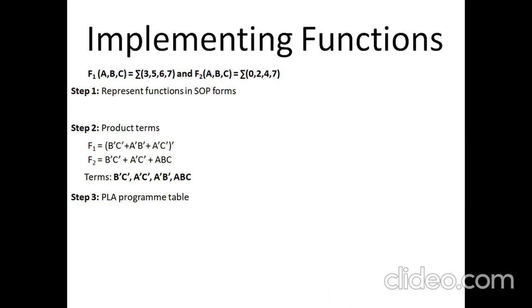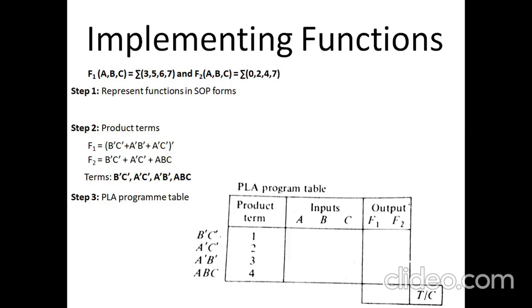Okay, so next we create the program table for these product terms. Here is the program table for these product terms. We create 3 columns. One column is for the product terms, one column is for the inputs, and one column is for the outputs.